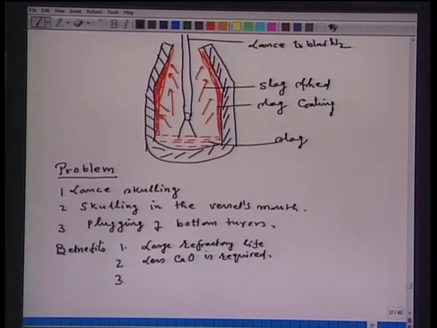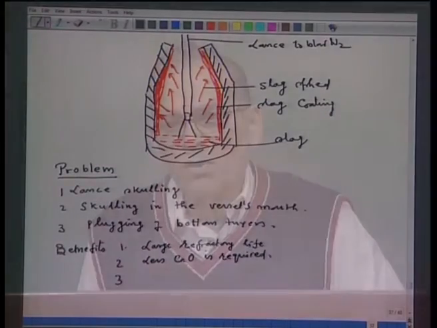Third, leftover slag has some amount of calcium oxide and some MgO, it is being enriched. So, if this slag is coated on the lining, then when the heat starts, calcium oxide and MgO are already present.